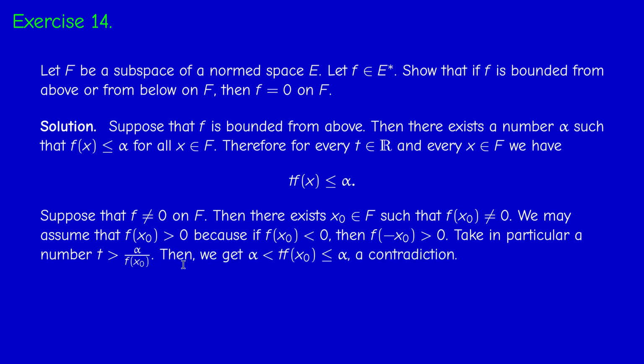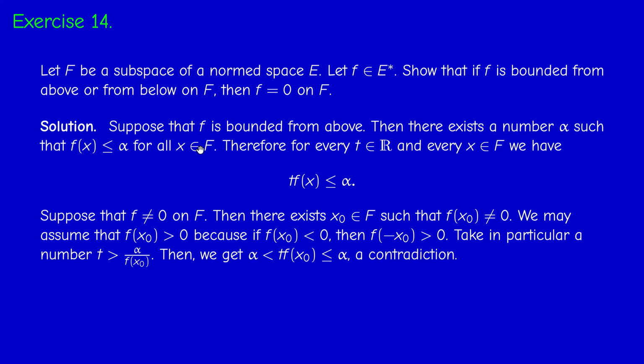Then when I multiply by f of x0, because it's positive, I get t f of x0 is bigger than alpha. But t f of x0 is less or equal than alpha, and this is a contradiction. So this means that there's no element in F at which f does not vanish. So f vanishes identically on capital F. This is a very important result that we shall use later.